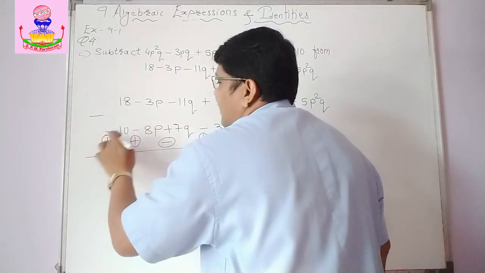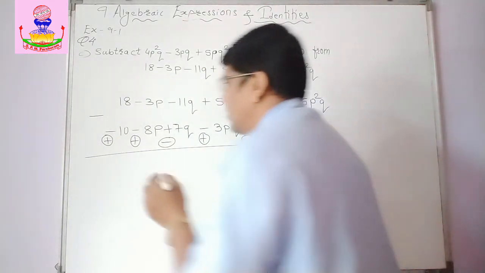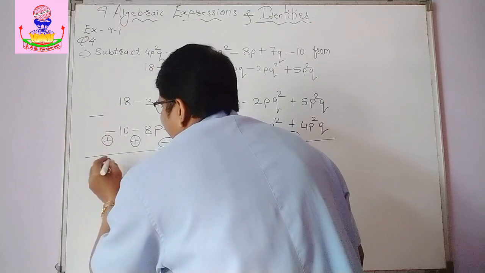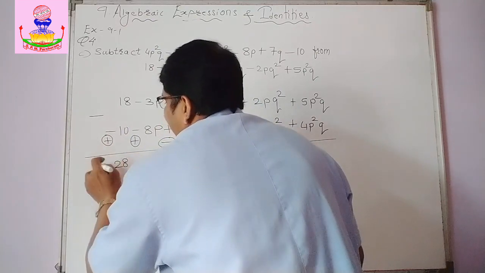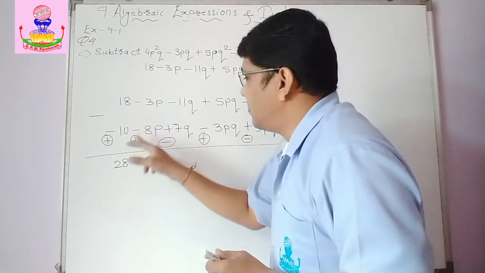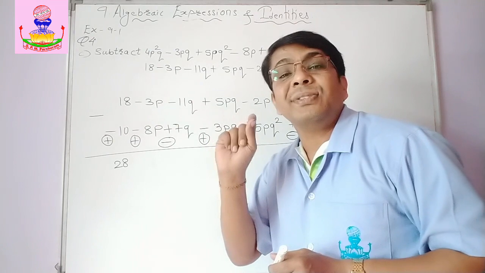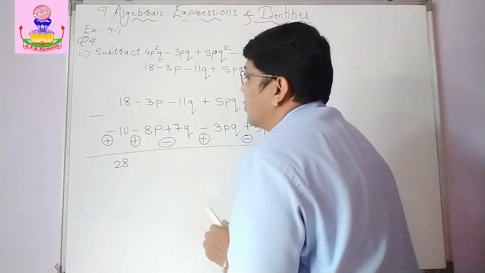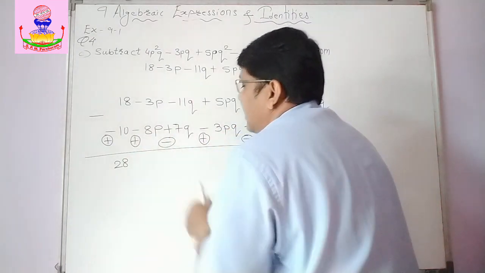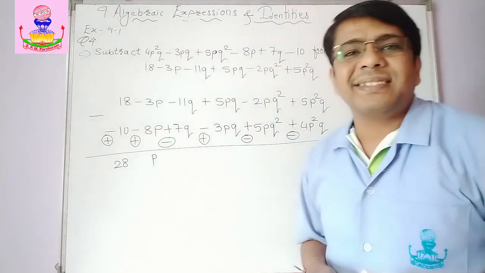Okay, so plus 18 plus 10. Similarity in the sign, go for addition, give the same sign. So 10 plus 18, 28, plus sign. Okay, then minus 3p plus 8p. Take the signs which have changed into account. So plus I am going to take. So minus 3p plus 8p. First I will write the variable.